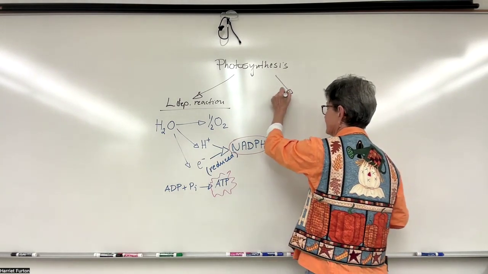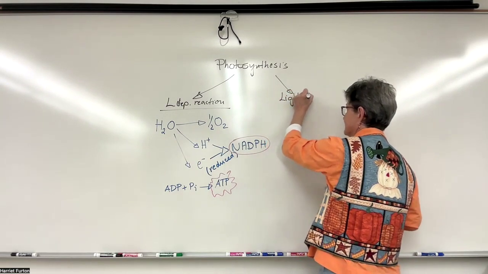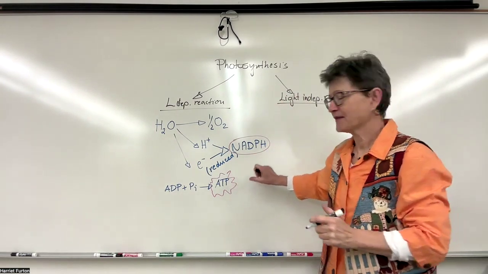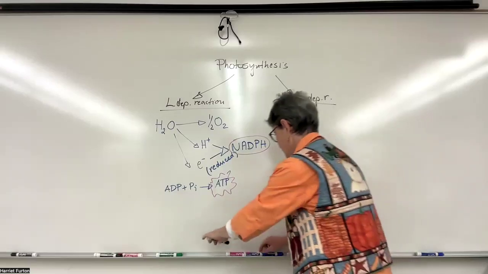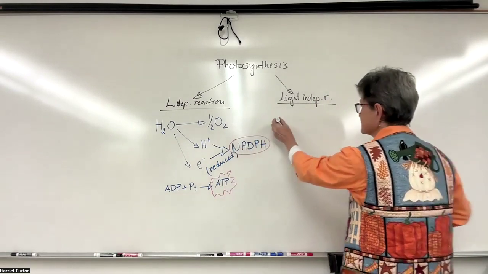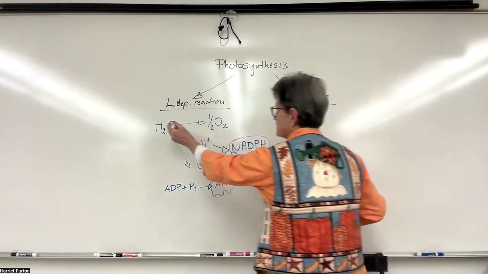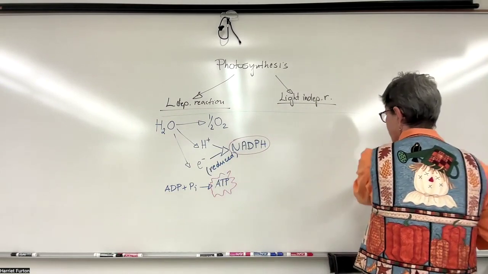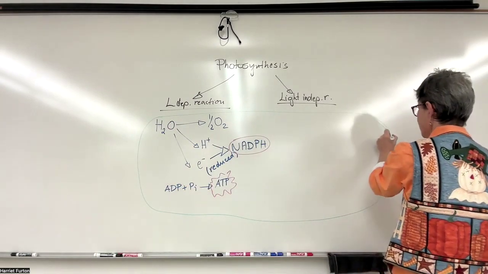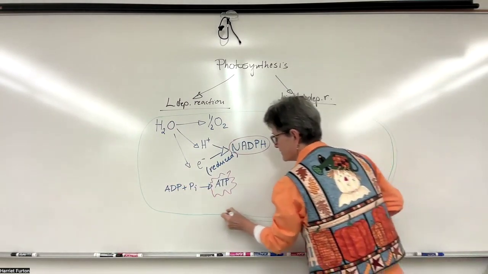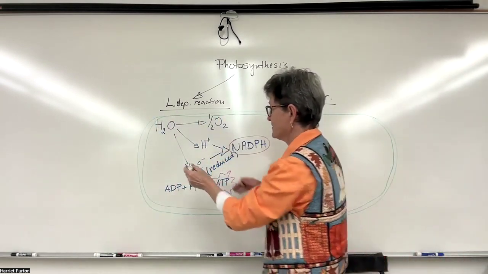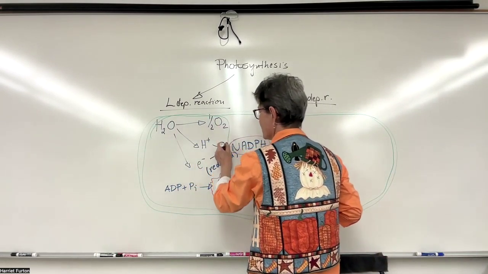The second part is light-independent reaction. Good. So here we are actually still in the chloroplast, outer membrane, inner membrane, and that happened in the thylakoid membrane.